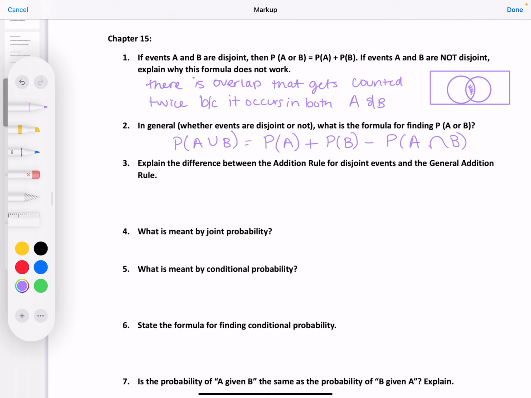Explain the difference between the addition rule for disjoint events and the general addition rule.